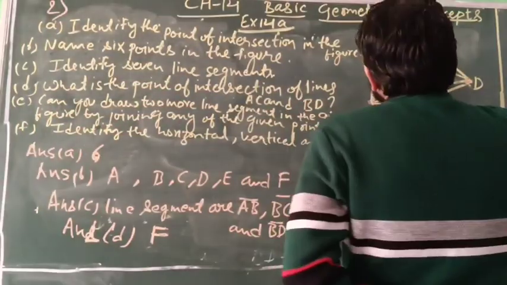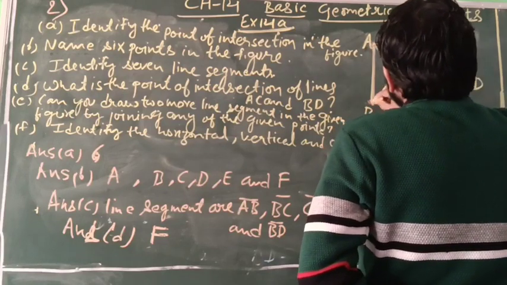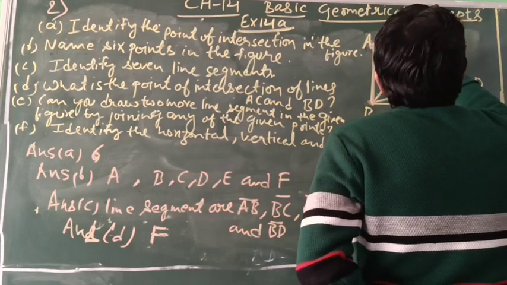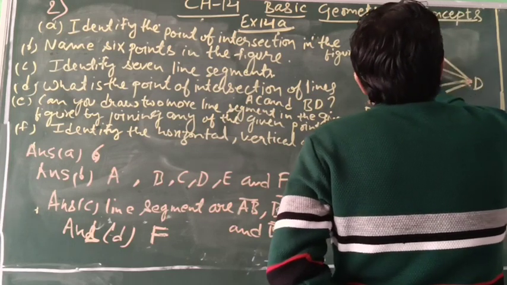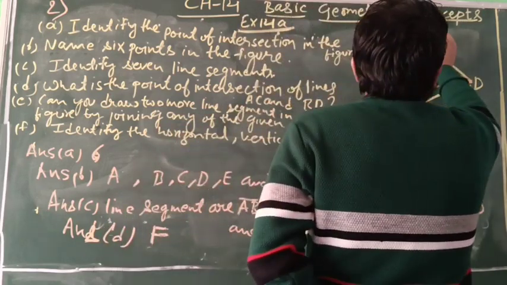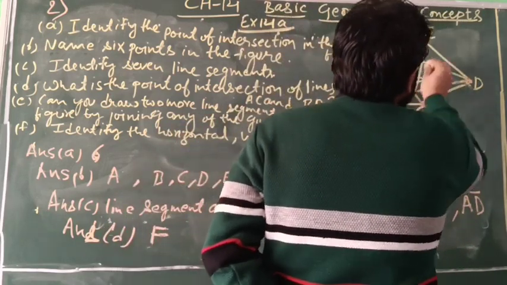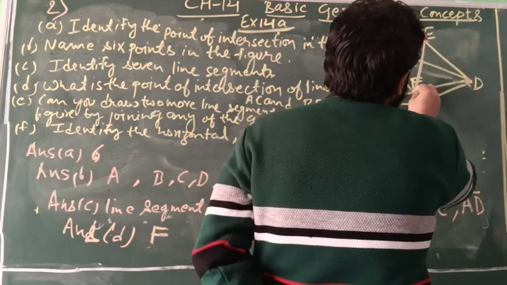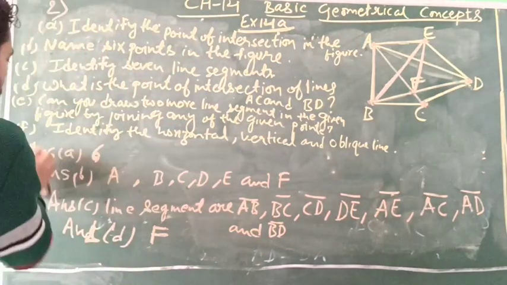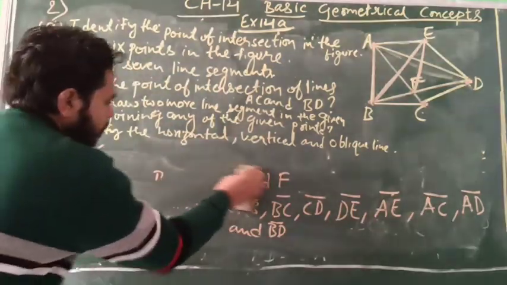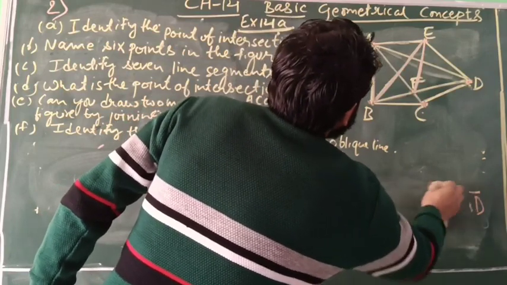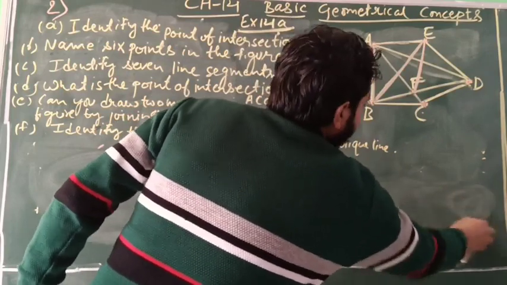We can draw BE by joining these 2 points B and E. And from these 2 points we can draw EF. Okay. So our answer will be BE and EF.